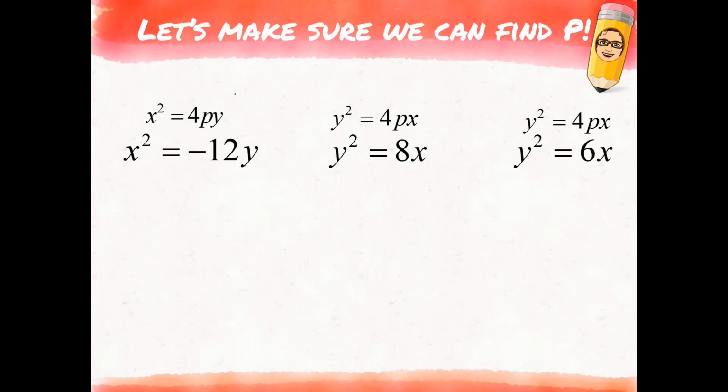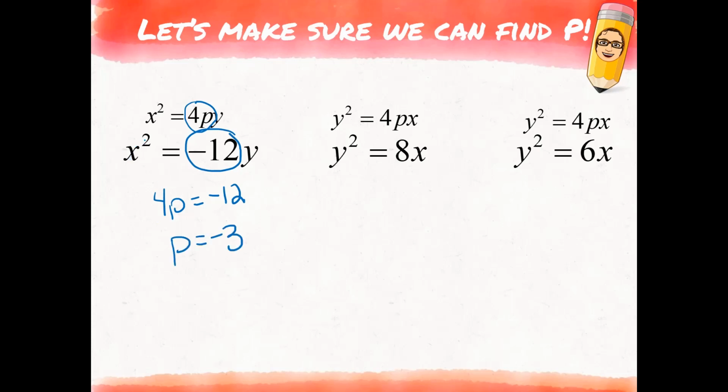Now, let's make sure we can find that p, because if we can't find the p, we can't basically graph these things. So notice the 4p is in front of the y. So that means this negative 12 is equal to 4p. If I divide by 4, we will get negative 3.